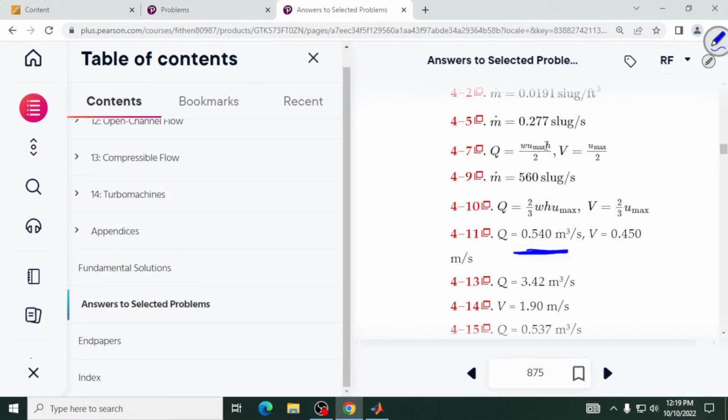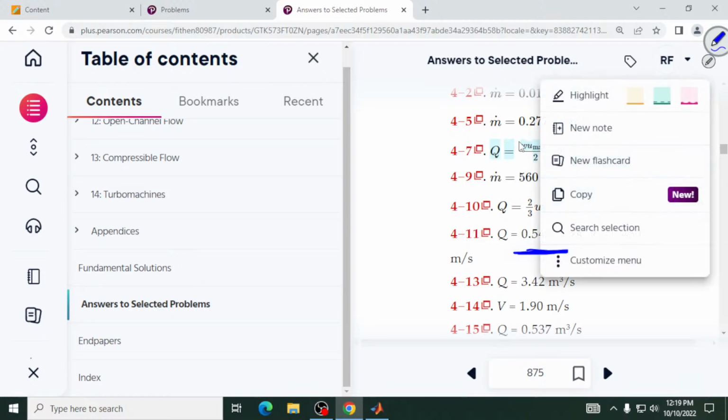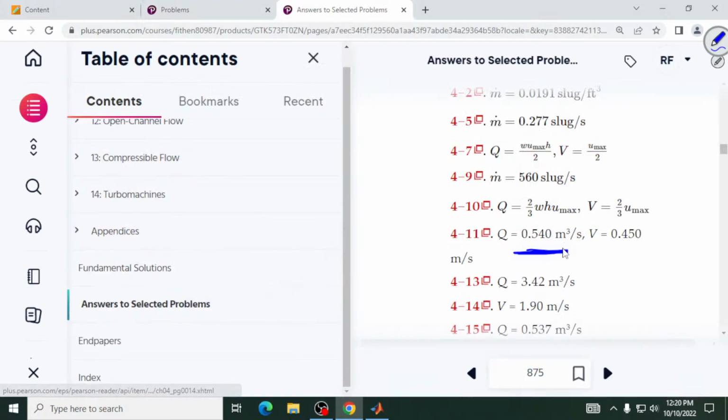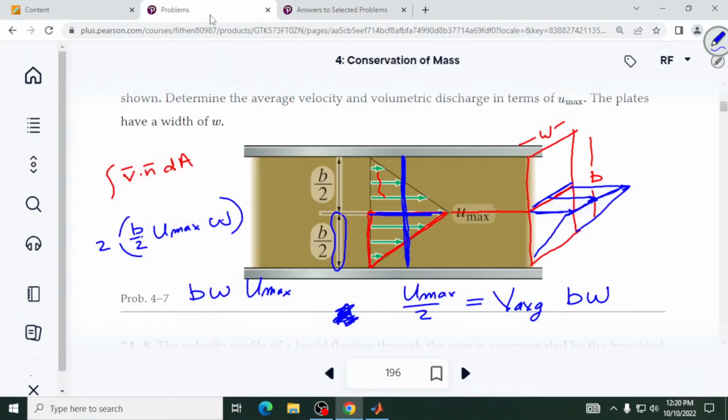Oh, he has an H in there. Where is his H? I don't know what his H is, but I do know that's the case. I don't know where his H came from. I see no H.